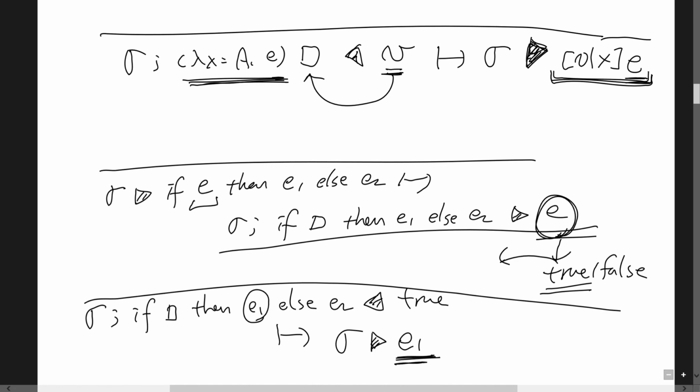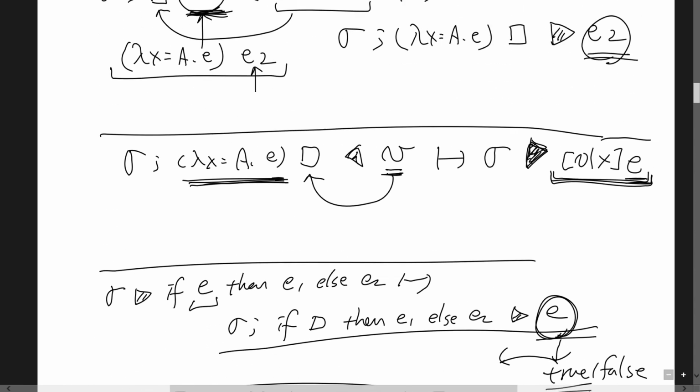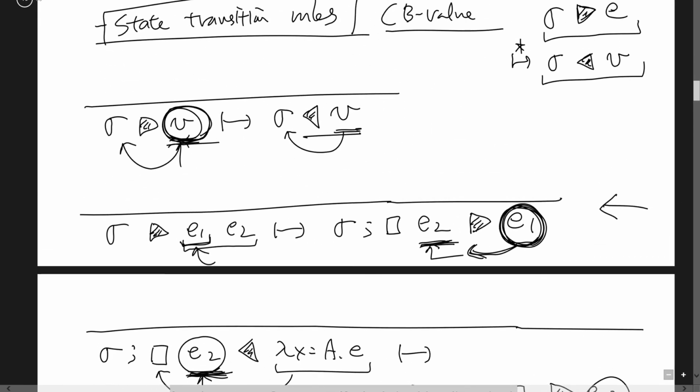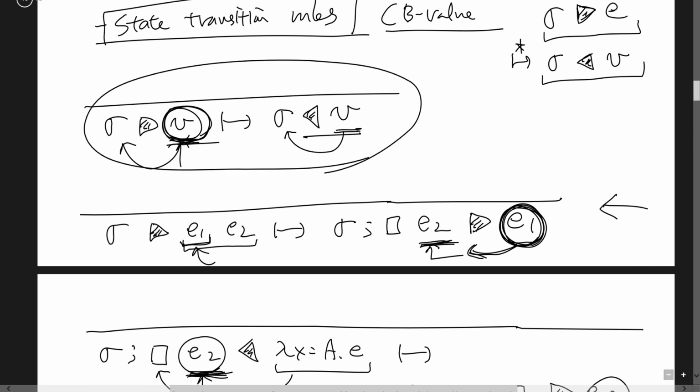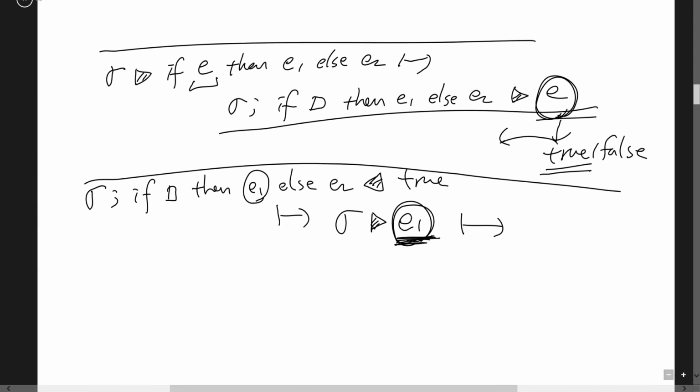If expression E1 happens to be a value, at the next step we will apply this state transition rule, and then at the next step we will return expression E1 if this is a value at all. And similarly, there is the symmetric case of false.